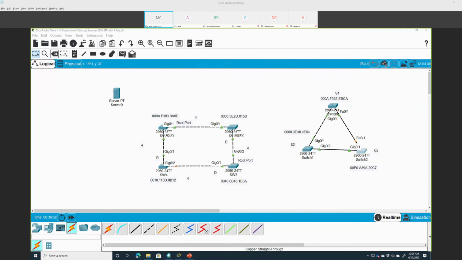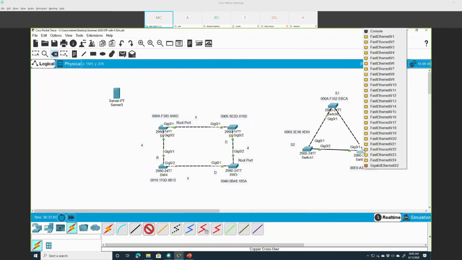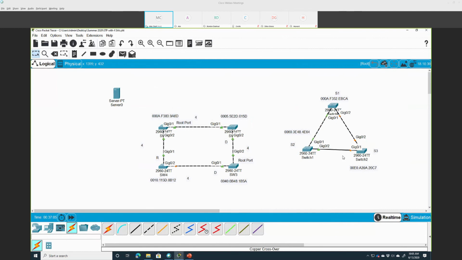So I go right here, you go no, and I take this link and go to gigabit 2, gigabit 2 right here. Now I'm going to have a different outcome. So this is blocked, this is open, and this is open.